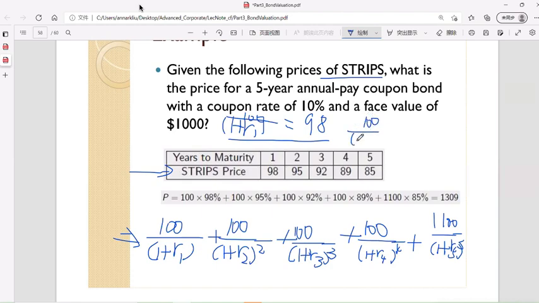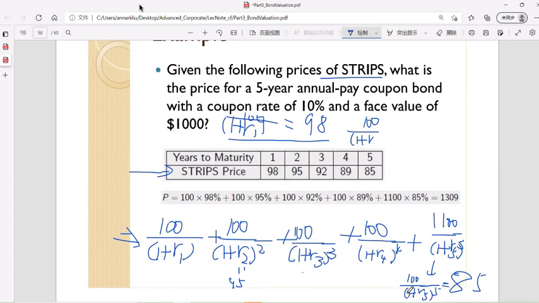100 plus this guy, it is how much? It's 95. This is 90, 92, 89. And you know that in the fifth year it is 85 in the end, right?